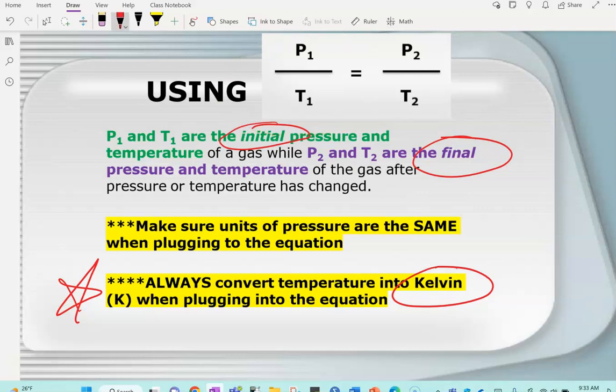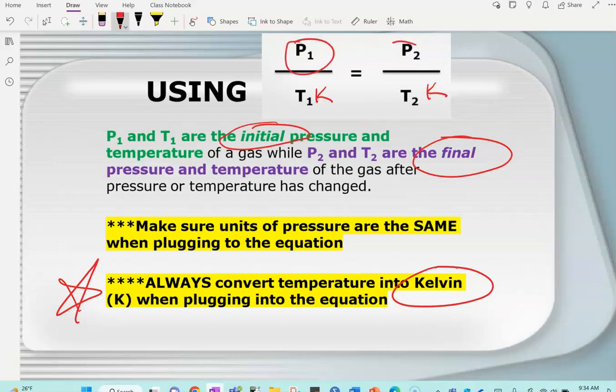So if you are ever plugging in temperature to these equations, you better make sure that it is in Kelvin. The pressure, it doesn't matter, unless you're trying to find a specific pressure for your answer. And of course, you have to make sure that both pressures are in the same unit. But that doesn't really matter when plugging it in.